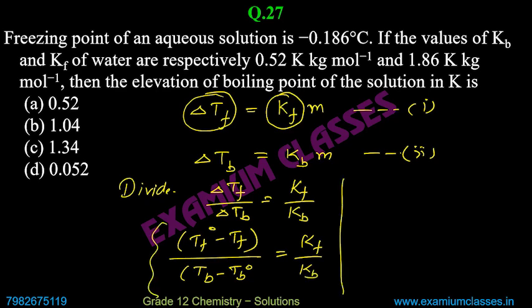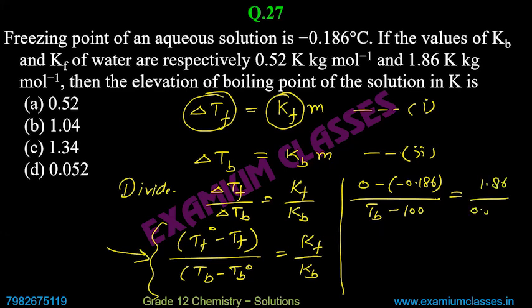So I'm using this one. TF naught will be 0 minus 0.186, divided by TB we have to calculate, TB naught is 100, equals KF is 1.86, KB is 0.5. The only unknown is TB. You will get the value as 0.052.